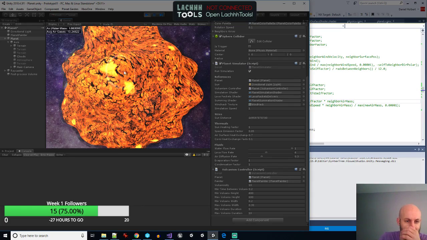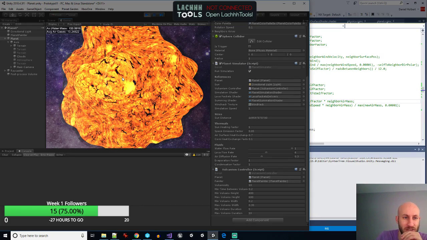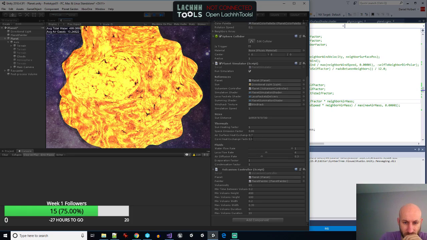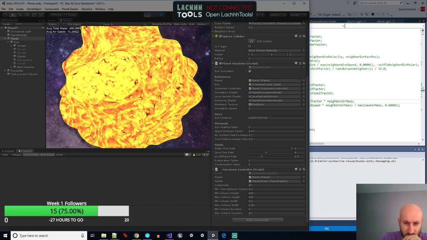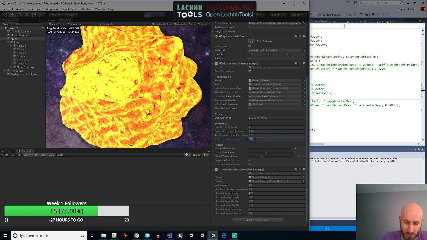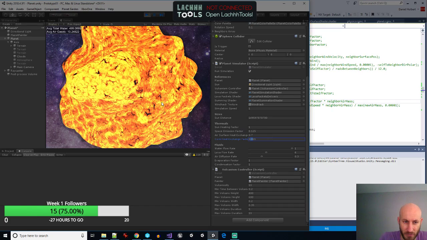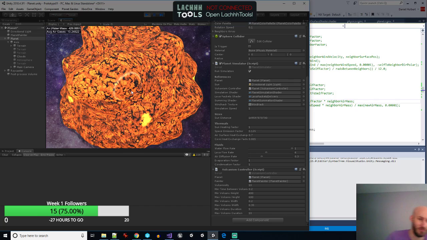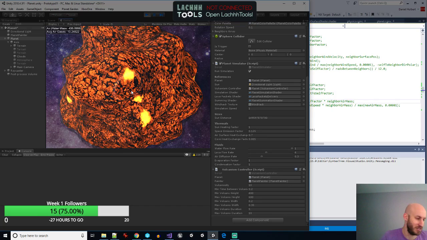Ooh, it got really hot real fast when I put it down to 0. Oh, because I adjusted the wrong value. That's the wrong thing. That was just getting a ton of core heat from the magma center of the Earth.